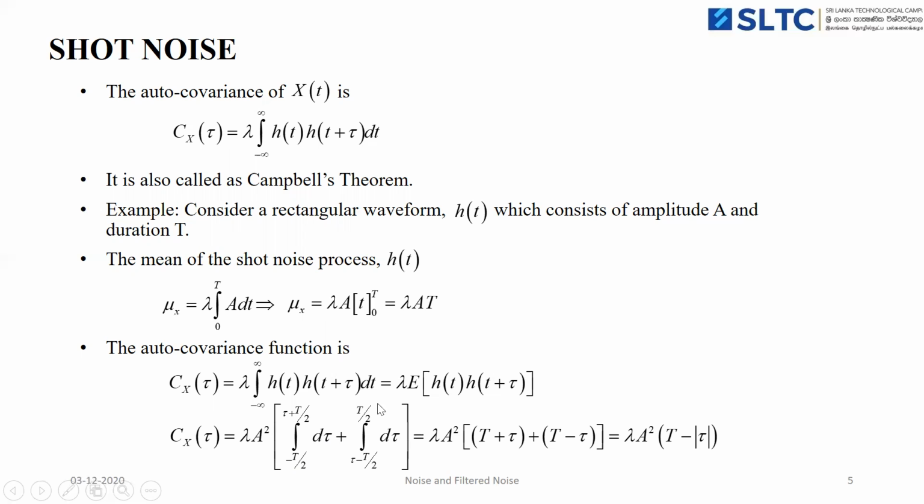After integrating, we get capital T plus tau plus capital T minus tau, and we can rewrite this expression as lambda A squared times T minus modulus tau. Modulus means we apply both the minus tau and the plus tau.